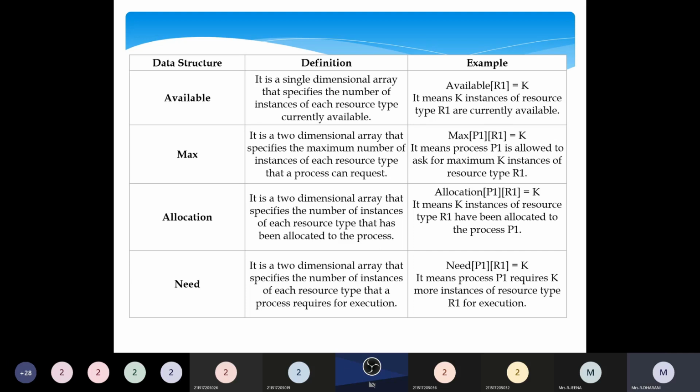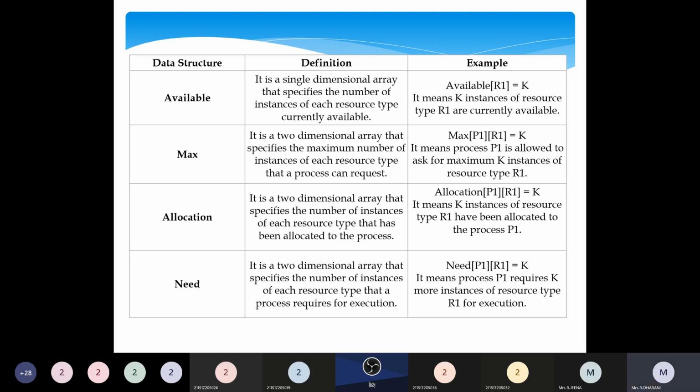That is represented with the help of Max[P1][R1] = K. P1 is the process, R1 is the resource type, and K is the number of instances requested by the process. Okay, maximum how many resources the process wants. Here it means process P1 is allowed to ask for a maximum of K instances of resource type R1. Okay.